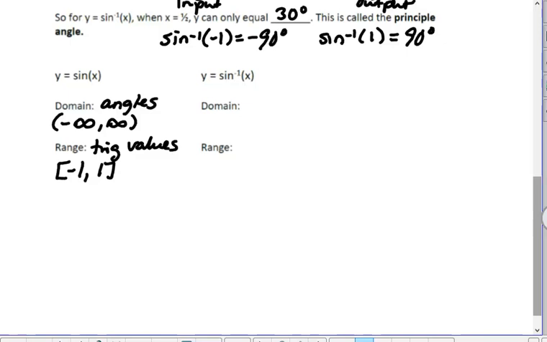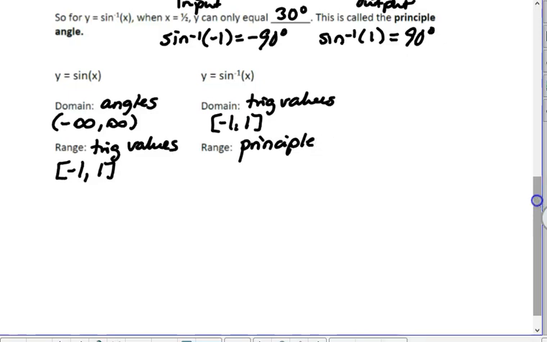Now when we do the inverse function, domain and range switch places. So now the domain is the trig values. And so our trig values are -1 to 1 for sine. The range are the angles, but we can't use all the angles or it wouldn't be a function. We can only use the principal angles. The set of angles that I get so that there's only one angle for every trig value.